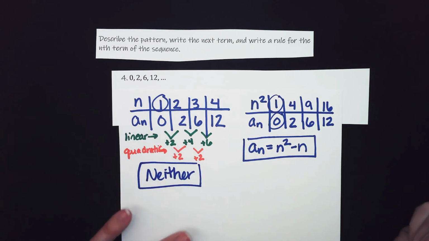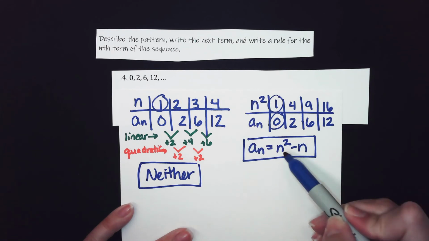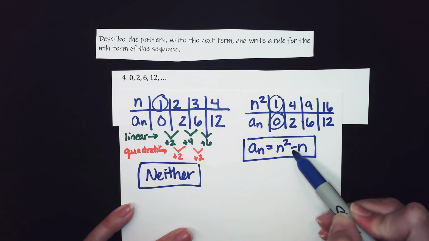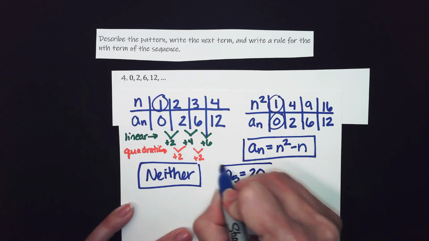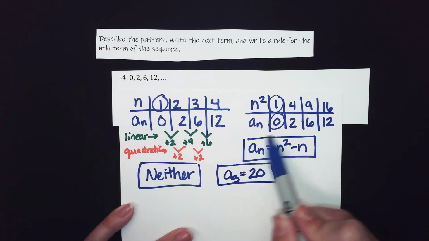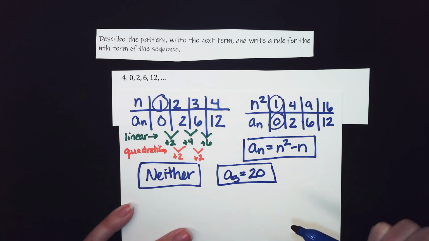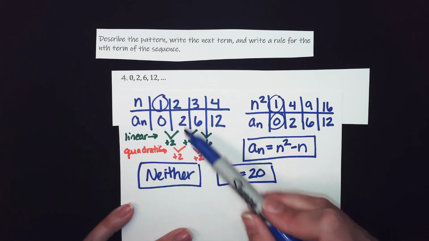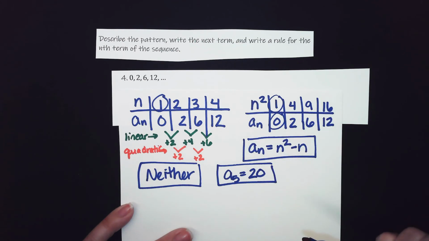The next term, okay, n would be 5. So 5 squared is 25, minus 5 is 20. So a5 would be 20. And then our rule we came up with by figuring out that it's geometric. No, it's not geometric, it's quadratic. And then looking at what those numbers do, okay?